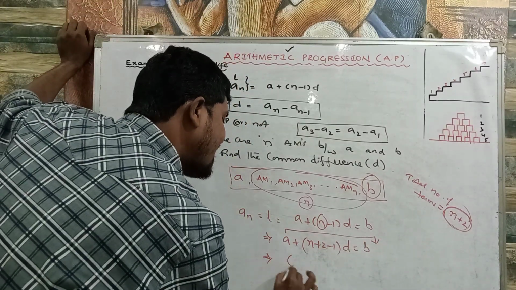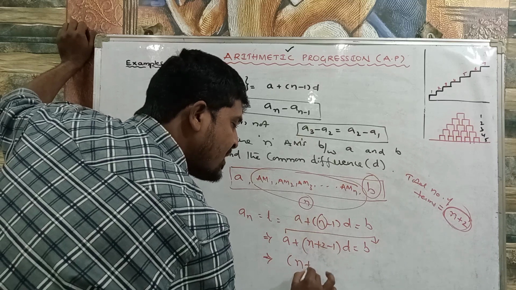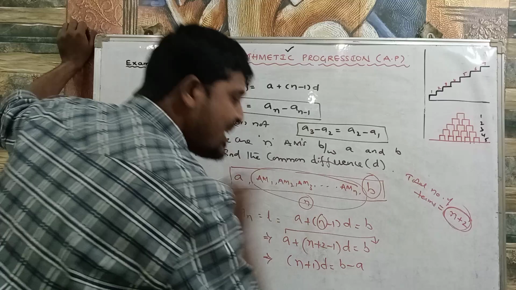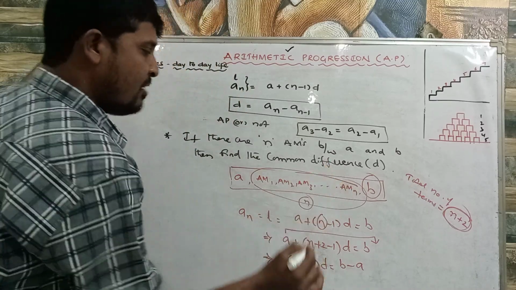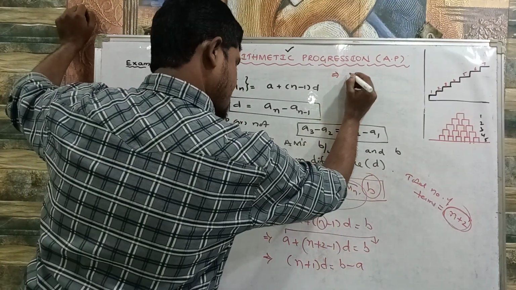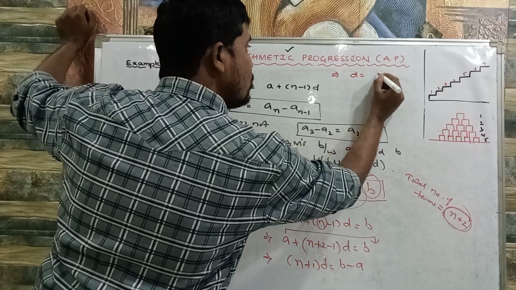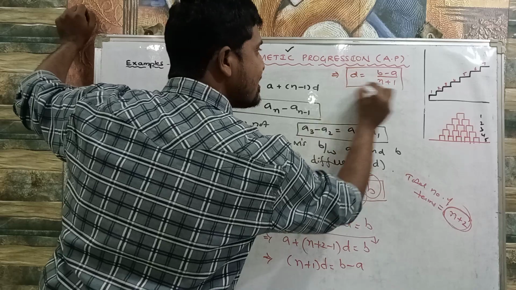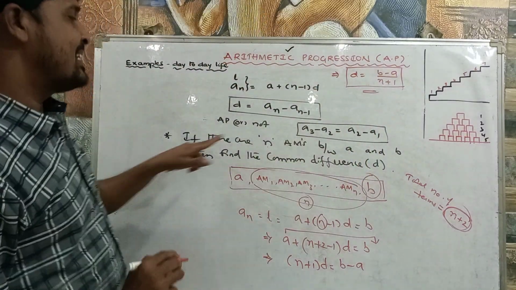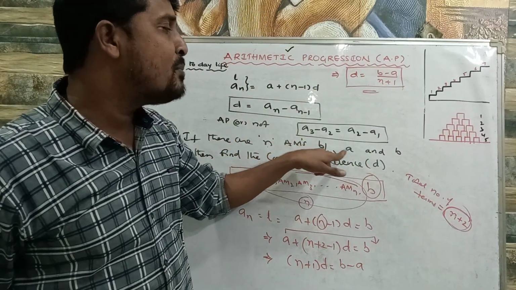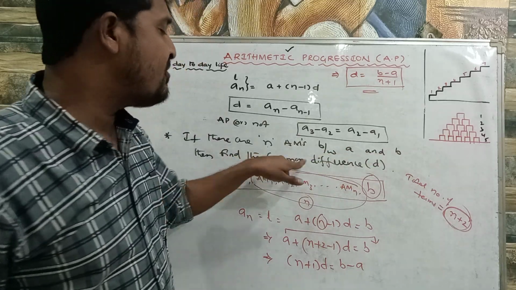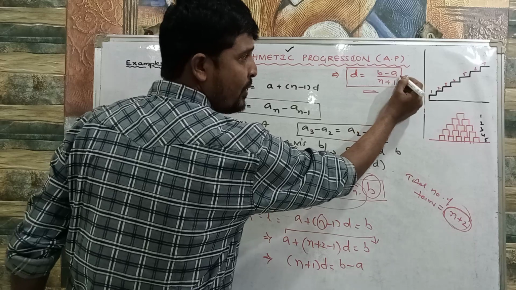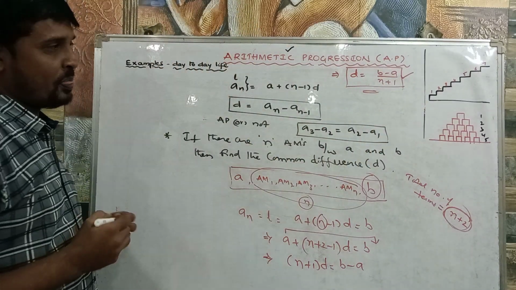So n plus 2 minus 1 is n plus 1, times d is equal to b minus a. Therefore d is equal to (b minus a) over (n plus 1) is the formula to find the common difference when n arithmetic means are there between a and b.